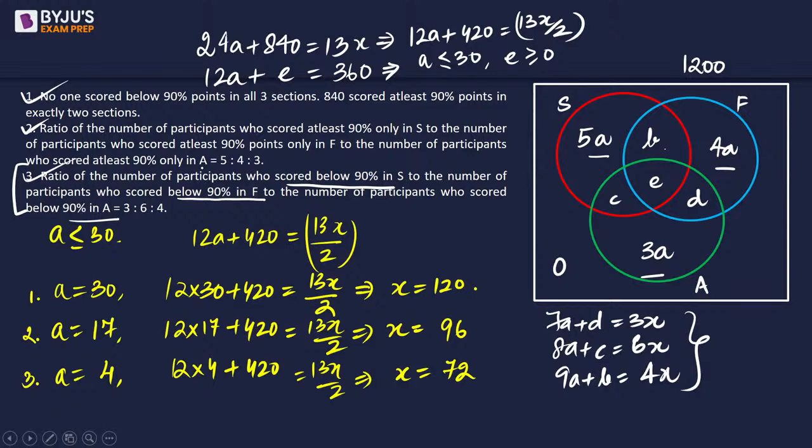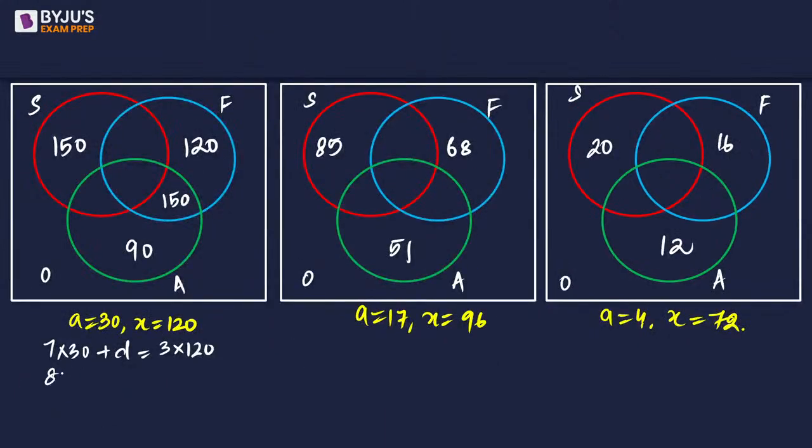Similarly, we have 8 into 30 plus c is equal to 6 into 120. This is c, right? So this is going to be 720 minus 240. This is going to be 480.